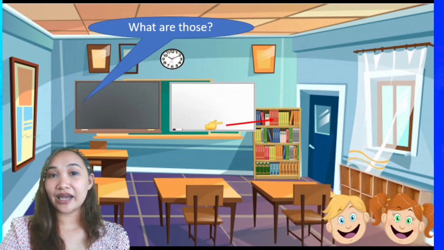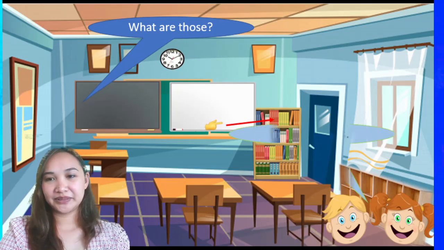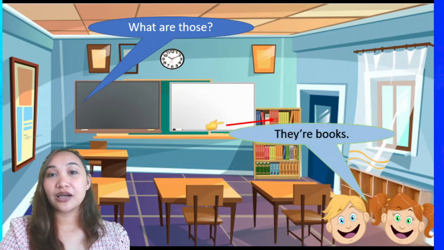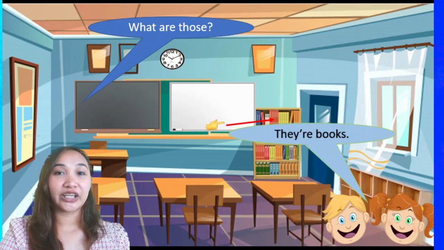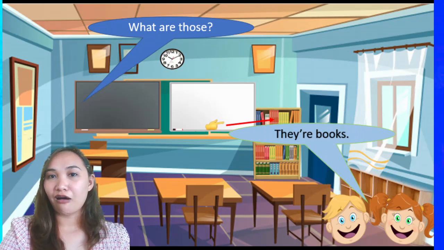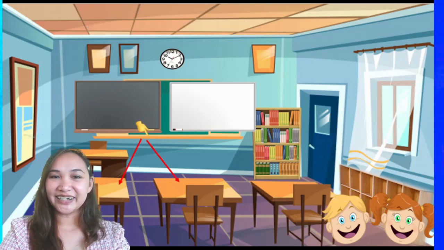Okay, so look at the arrow. What are those? What are those? Okay, very good. They're books. They're books. Or you can answer, they are books. Very good. Okay, another example.